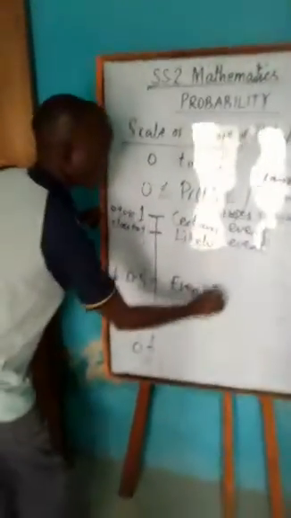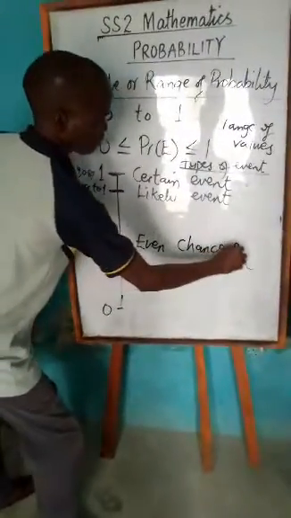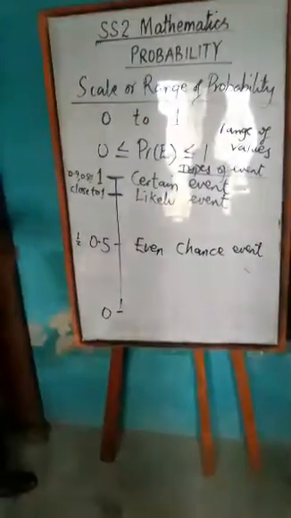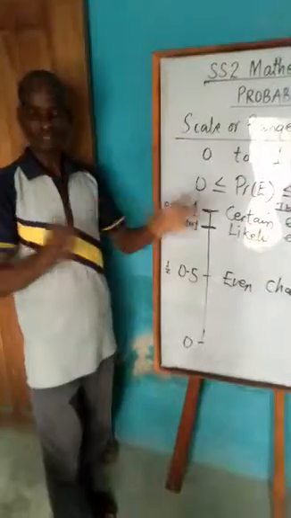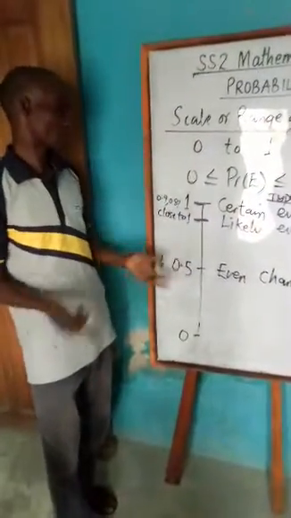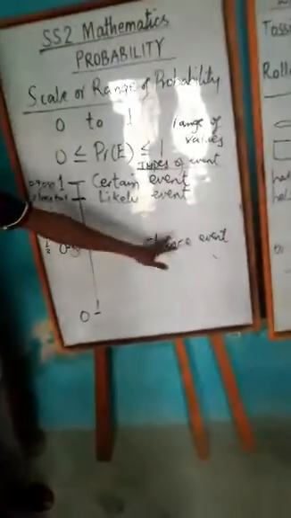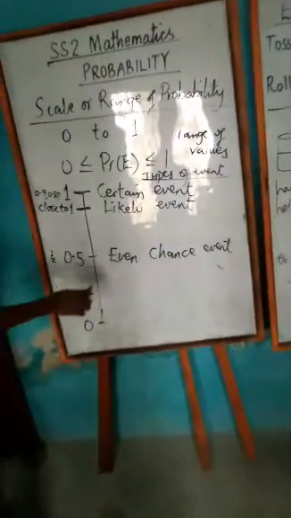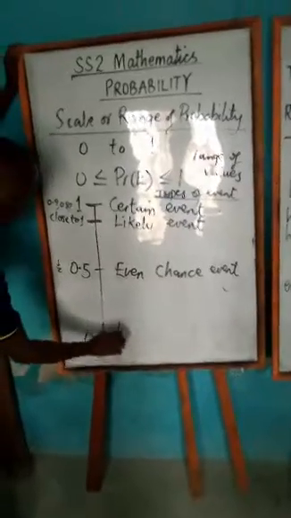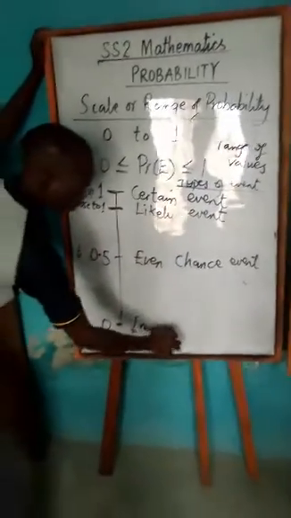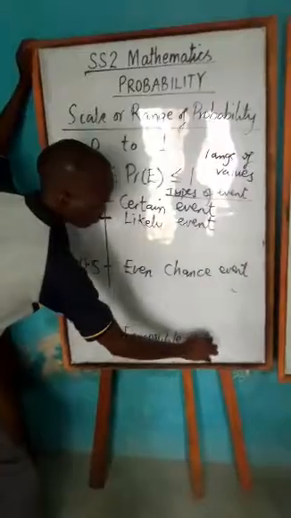An event that has a probability of 0.5, which is the same thing as half, is an even chance event. Like in a football match, maybe between Chelsea and Liverpool, it's 50-50. It's equal chance. An event that has a probability of 0 is an impossible event.